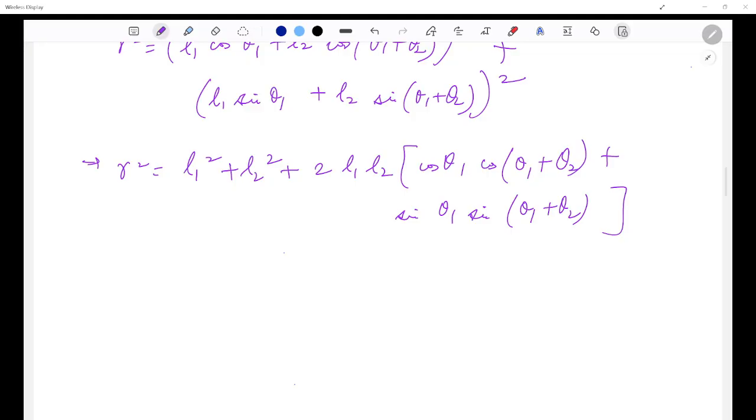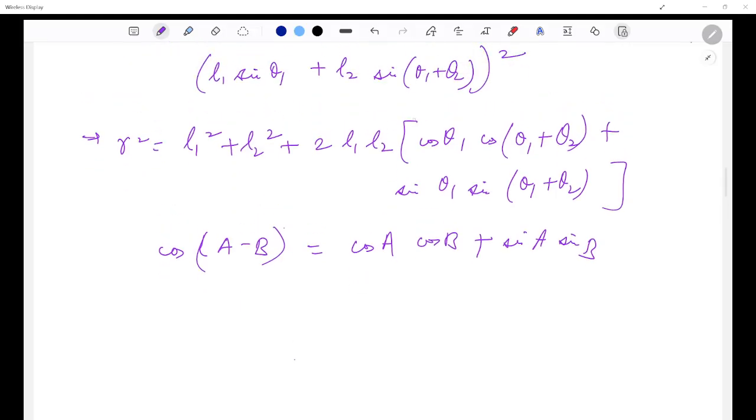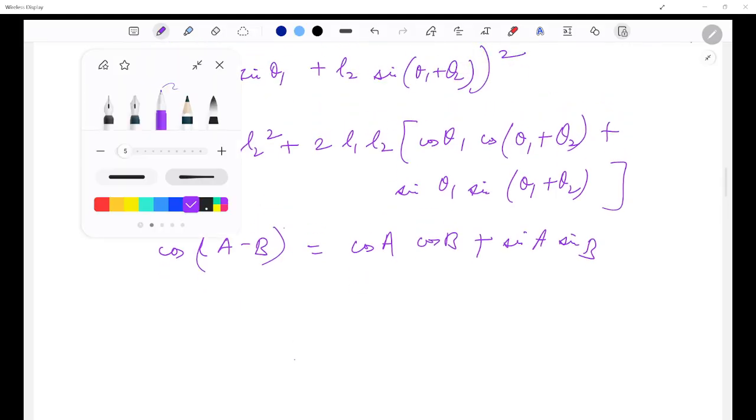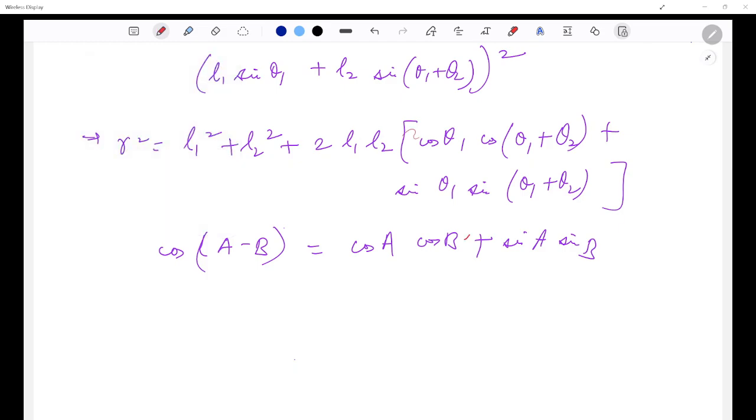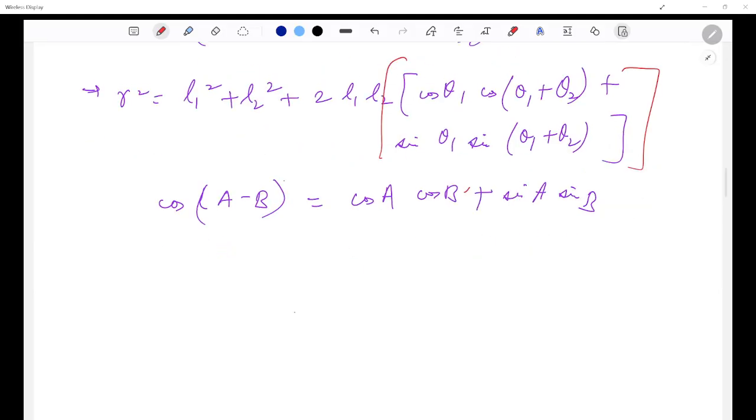After this, we are supposed to use an identity. If you know, cos of A minus B is cos A cos B plus sine A sine B, right? We have to use this for this term.